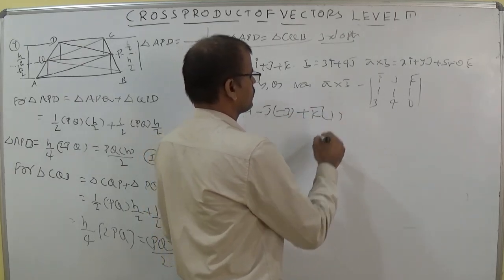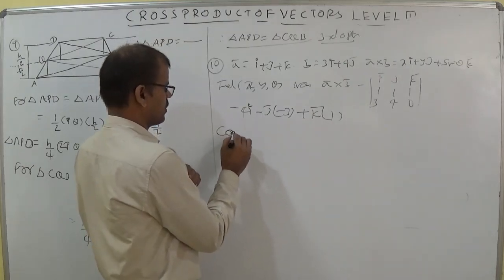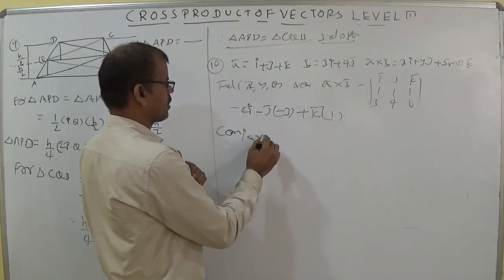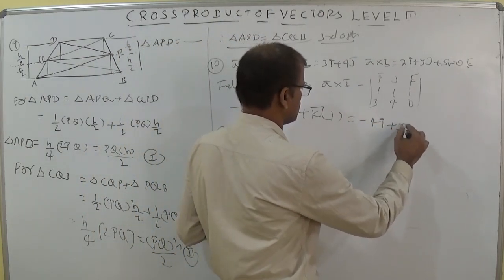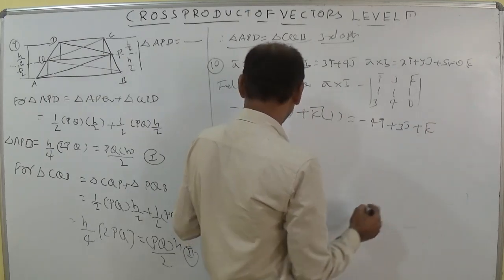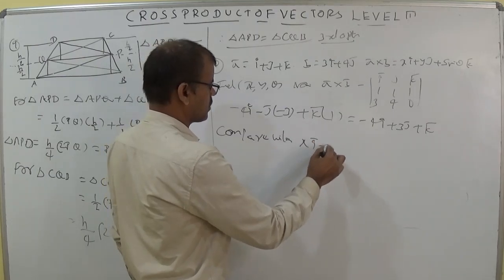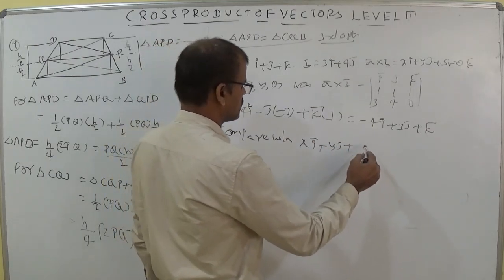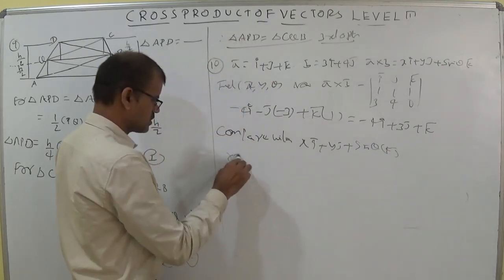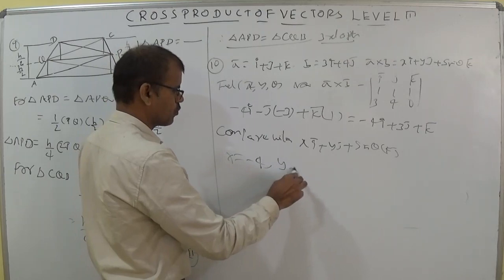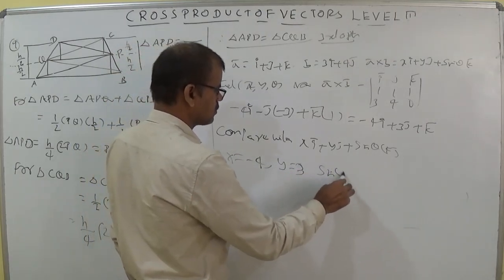Plus k into 1. Compare this value: minus 4i plus 3j plus k, with the given value X i plus Y j plus sin theta into k bar. So X becomes minus 4, Y becomes 3, and sin theta is equal to 1.